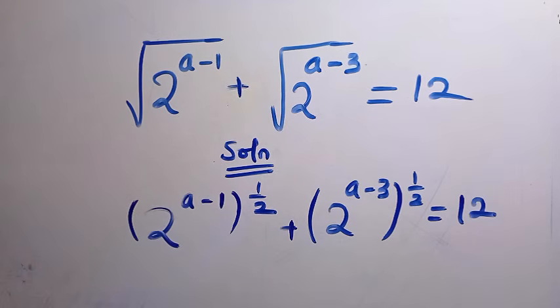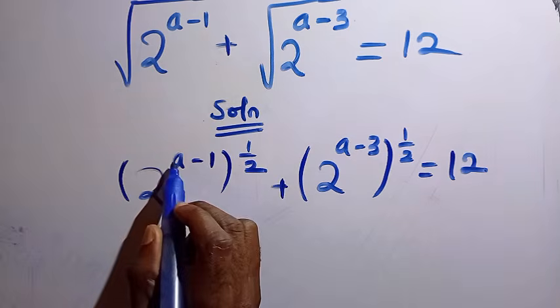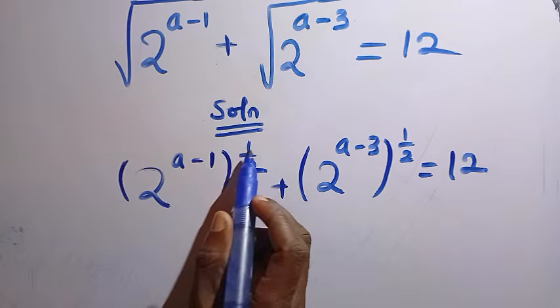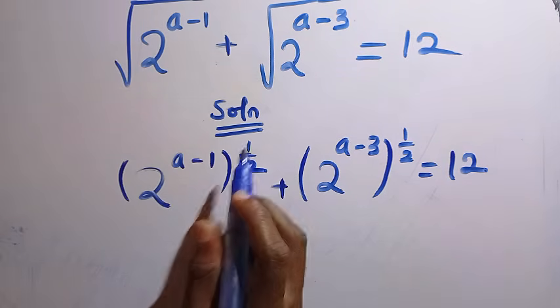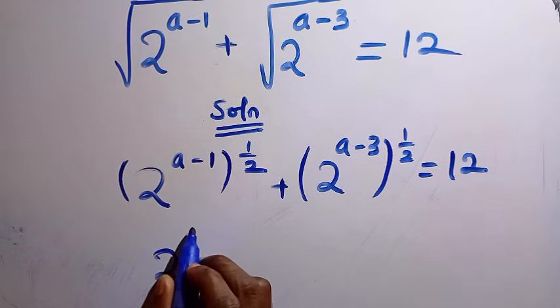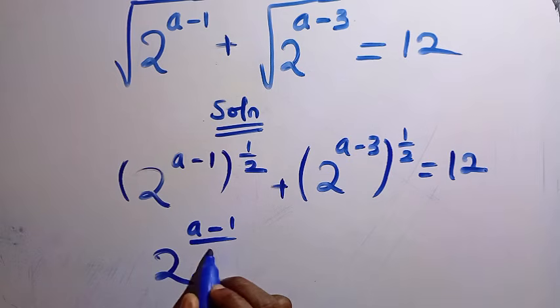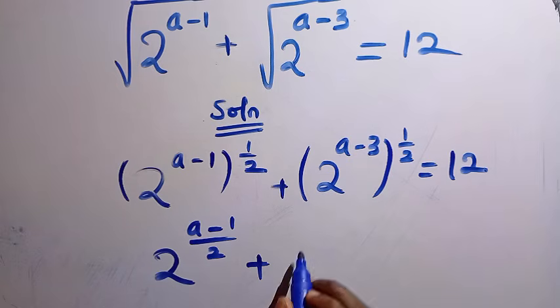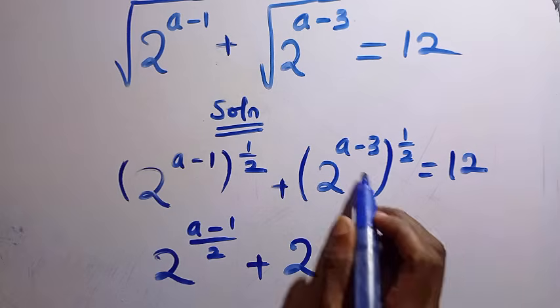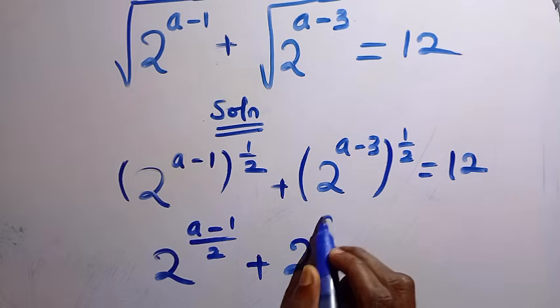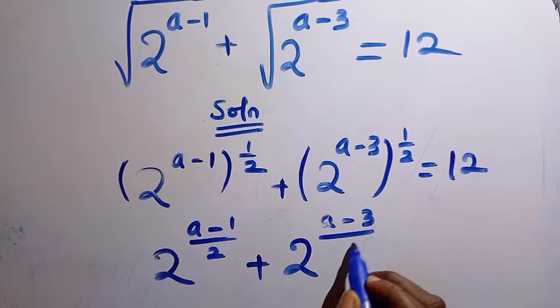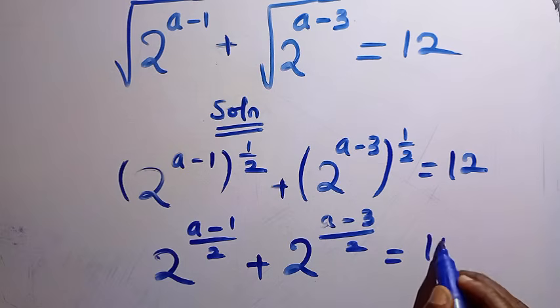With the rule of indices, the whole of a minus 1 multiplies 1 over 2, and here gives us 2 power of a minus 1 over 2. Then plus 2 power of a minus 3 over 2 equals 12.